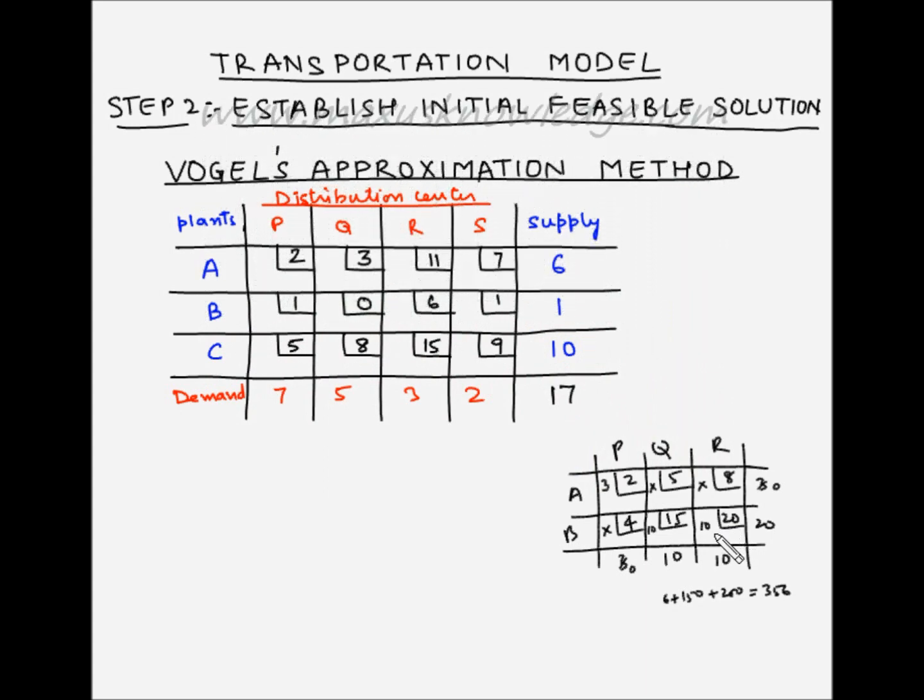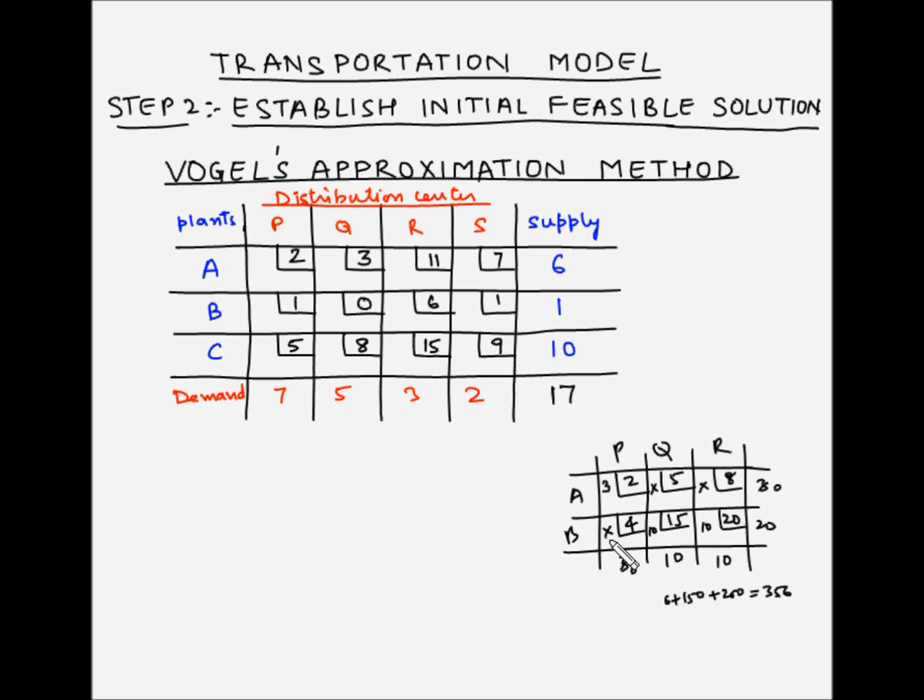Now what Vogel's approximation method says is that you can avoid this if you find the opportunity cost or the penalty cost. Let's say instead of allocating these 3 units to AP, we allocate these 3 units to BP.